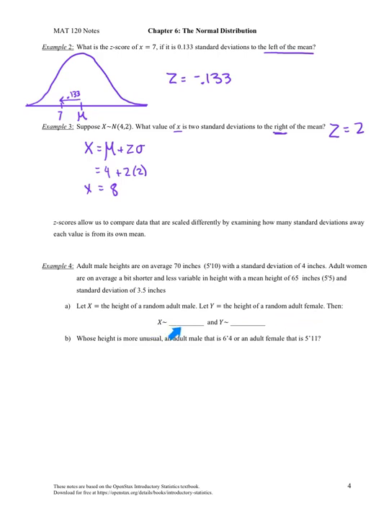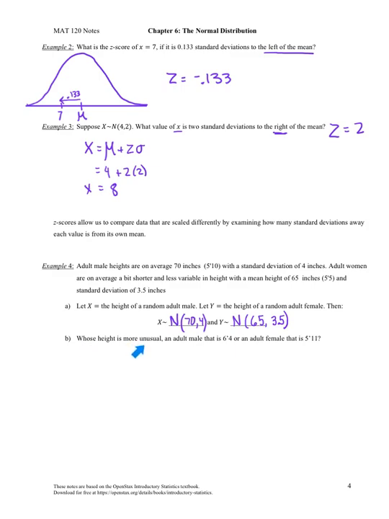So let's go ahead and write this notation here. We're going to have a normal distribution for the men with a mean height of 70 inches and a standard deviation of 4, whereas for the women, we have a normal distribution with a mean height of 65 inches and a standard deviation of 3.5.